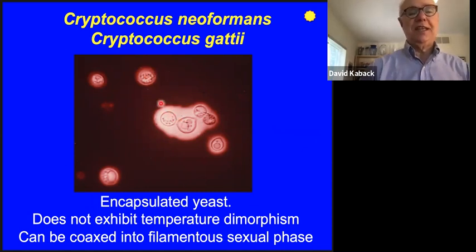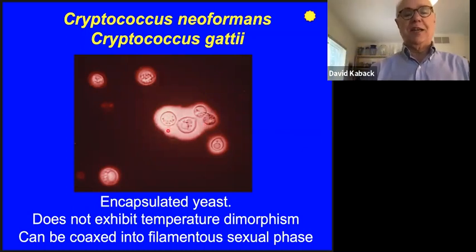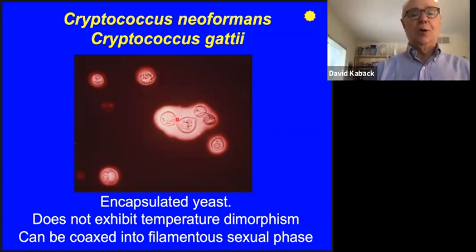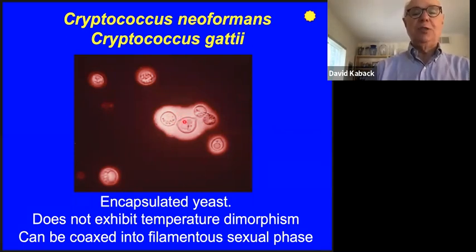And when we see these in cerebrospinal fluid after a systemic infection that has infected the spinal cord, we'll see this halo around them. Now, histoplasmosis will also cause meningitis, but we won't see this capsule around histoplasmosis.